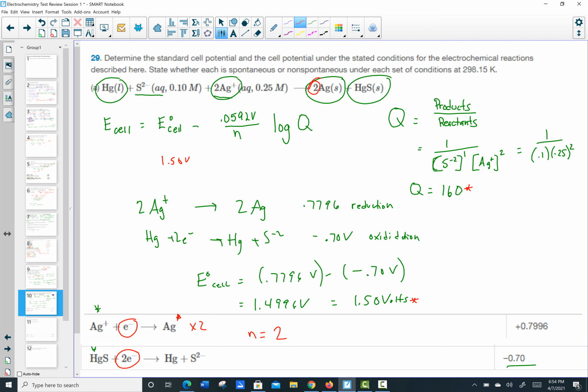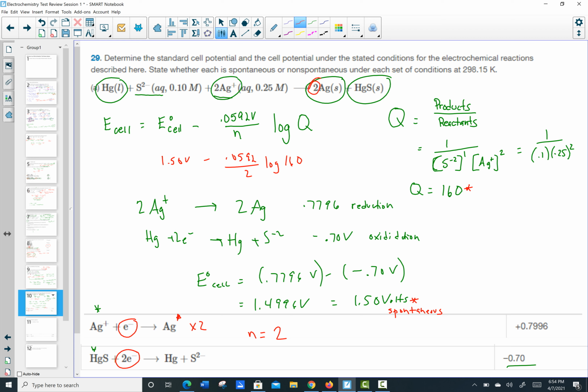E cell is 1.5 volts minus 0.0592 over 2 log of 160. That's the Nernst equation. We know that this is going to be a spontaneous reaction, both in standard and in non-standard conditions, because the voltage came out positive.